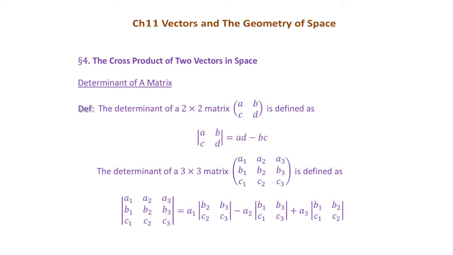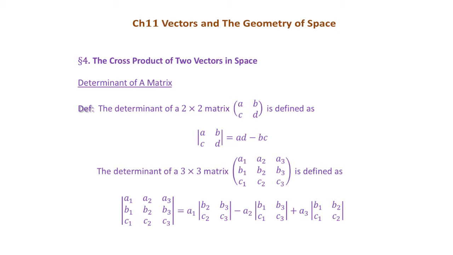And then based on that, we define the determinant of 3 by 3 matrices and so on. So what is the determinant of a 2 by 2 matrix? I suppose we have a matrix A, B, C, D placed in rows and columns. You've got 2 rows and 2 columns, okay, so we call that 2 by 2. It means 2 rows and 2 columns.